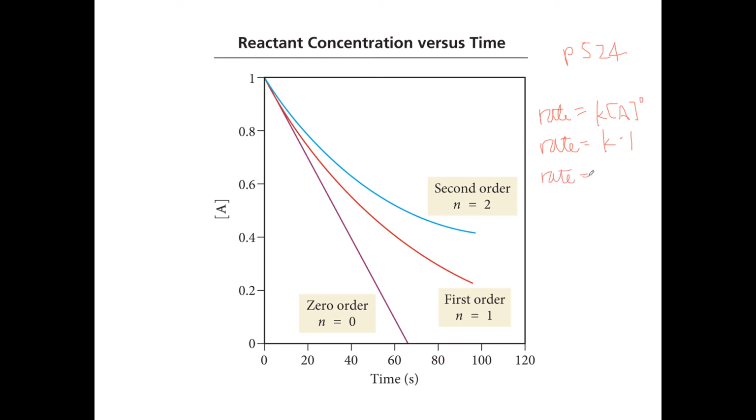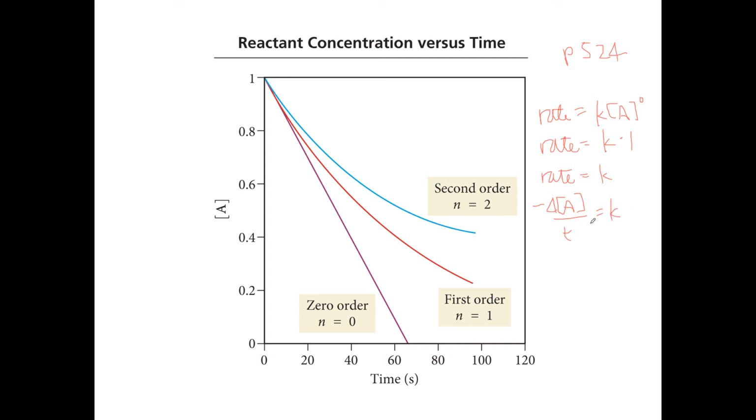And so rate is essentially going to be K. And you know what rate means? Remember that? It's the change in the concentration of A over time, and it's going to be negative because we're losing it, is equal to K.